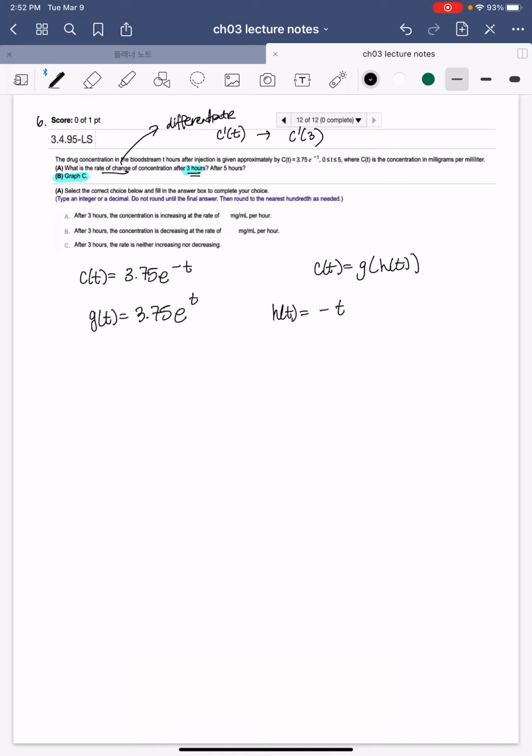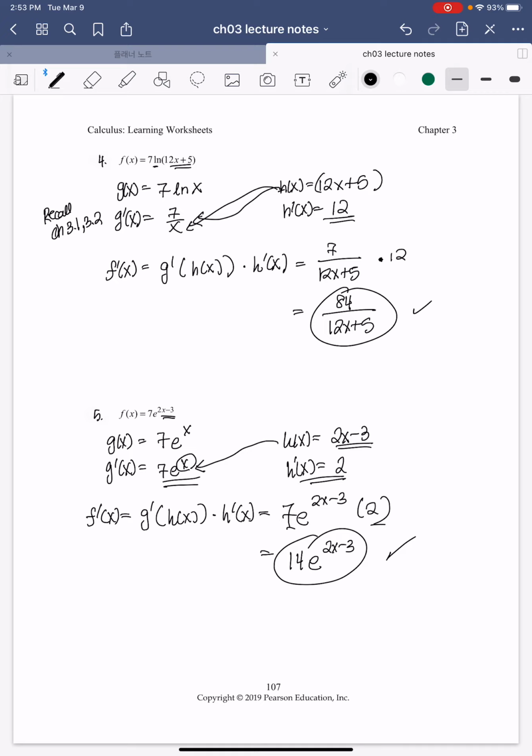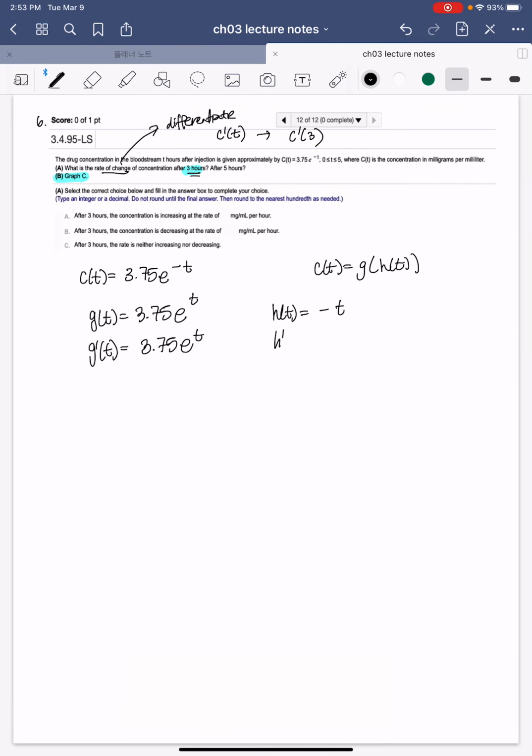Don't use x because our variable is t this time. So g prime of t will be just 3.75 e to the t, just like this one here. And then derivative of negative t is just negative 1.